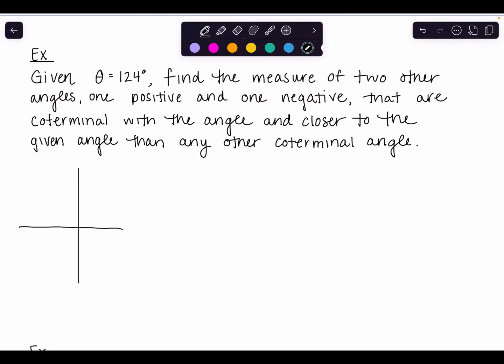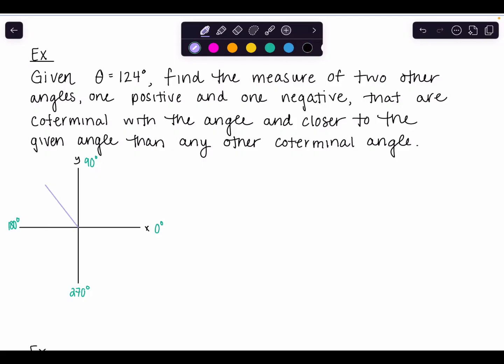So my angle of 124 degrees, if I draw a little picture of what's going on, here's 0 degrees, 90 degrees, 180, 270, and then again we land back at 360. 124 degrees is somewhere in between here.